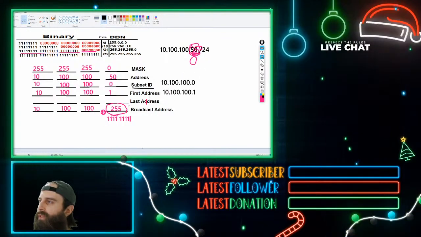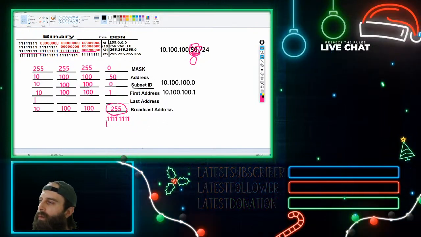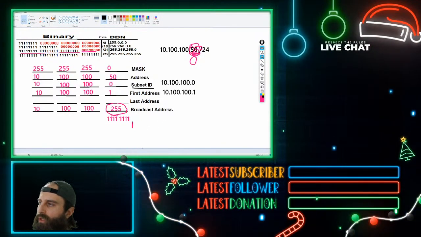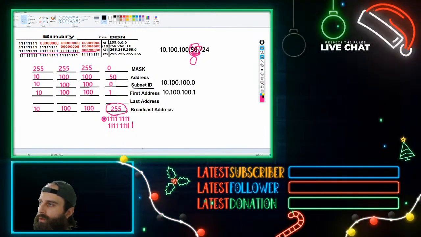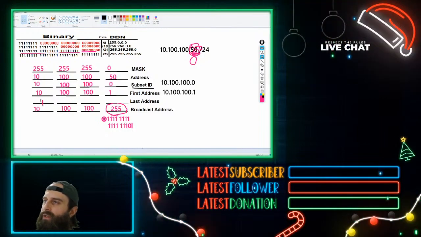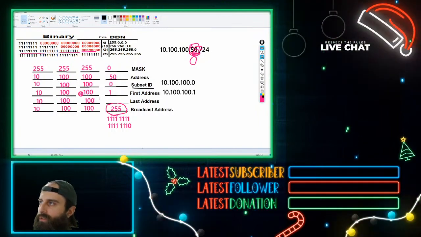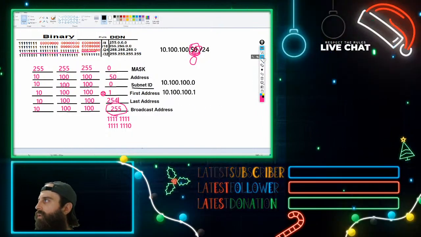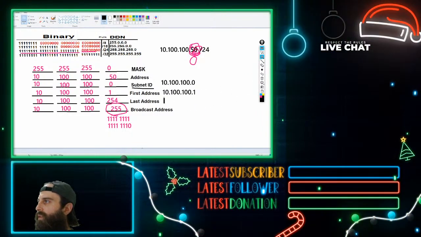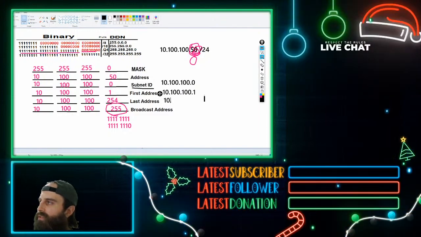Now, to get our very last address in that range of addresses, all we're going to do is minus one of those binary ones. So it'll be 1111 1110. That equals, and that's going to give us the address of 10.100.100.254. So our very last address within the range is 10.100.100.254.